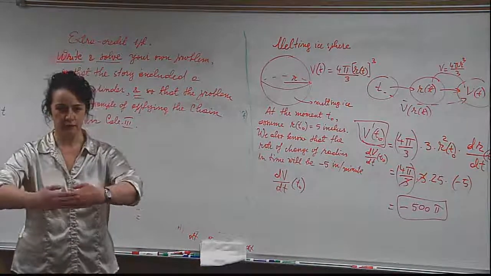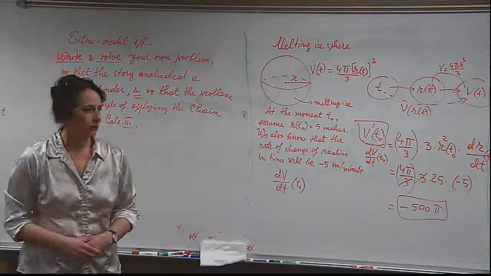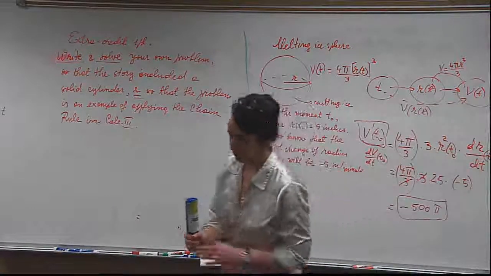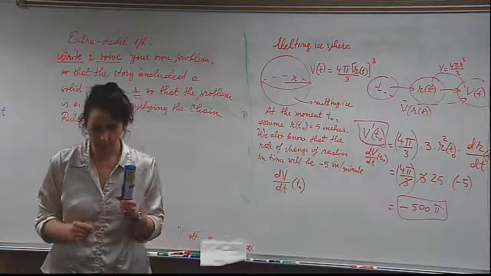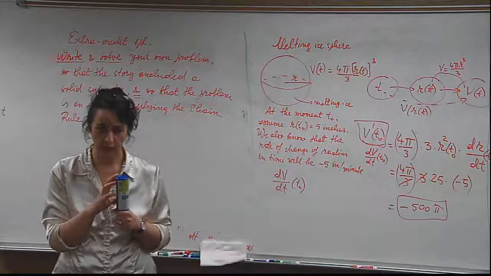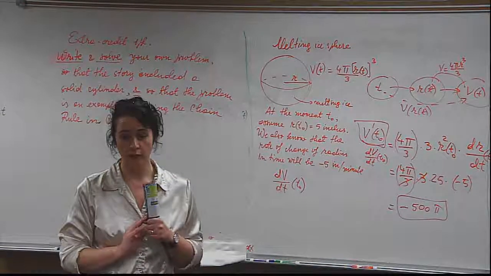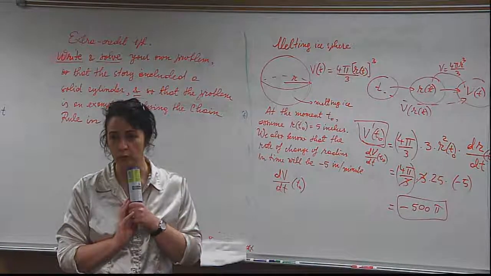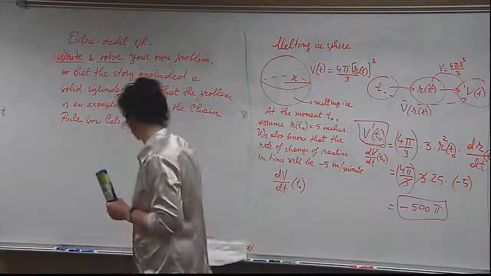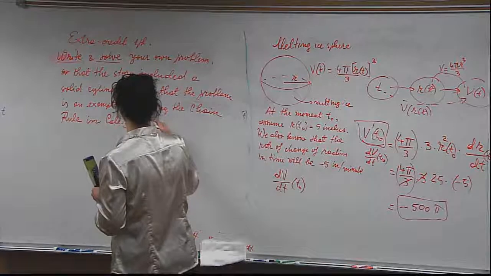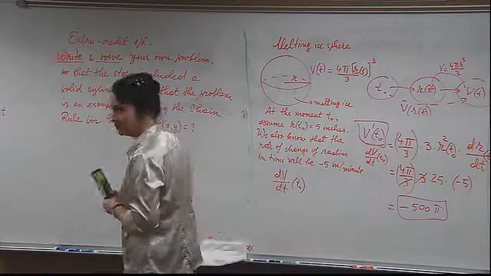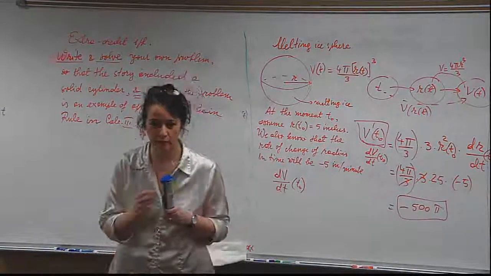So we have a cylinder, right? There's the cylinder. It's made of ice, and it's melting. And the volume should be a function of two variables, right? Because otherwise you don't have it in Calc 3. So function of two variables. What are the two variables that I'm talking about?